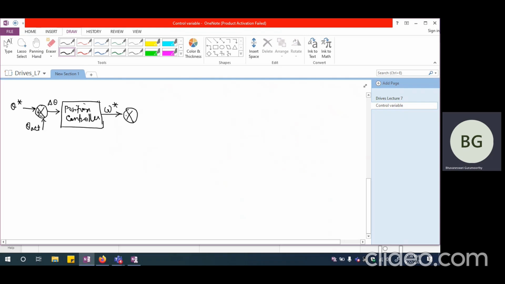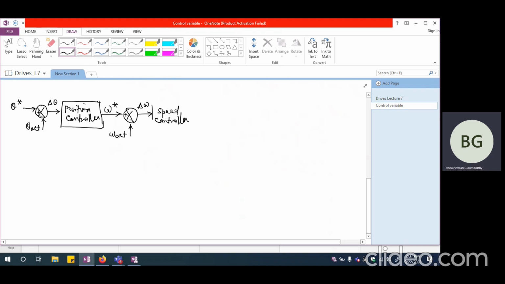Now, this speed is compared with the actual speed. Once you compare this with the actual speed, what we get here is the error in the speed. So the error in the speed is again now passed through a speed controller.